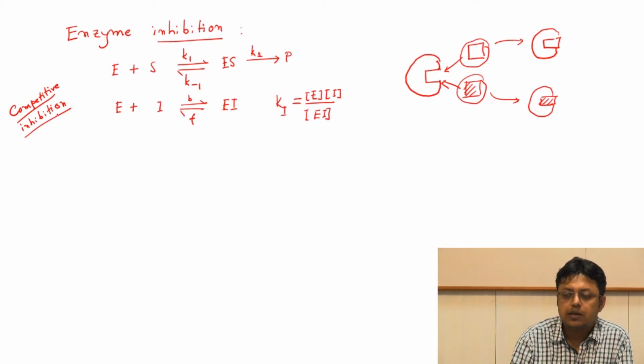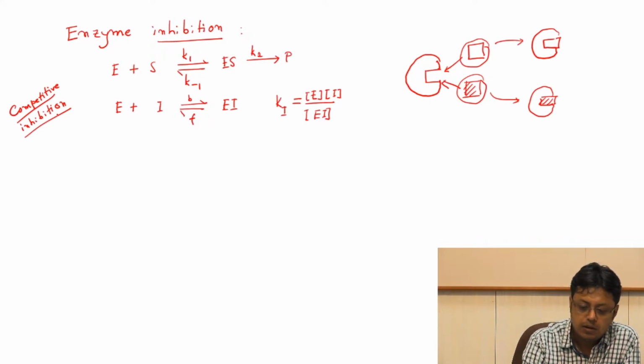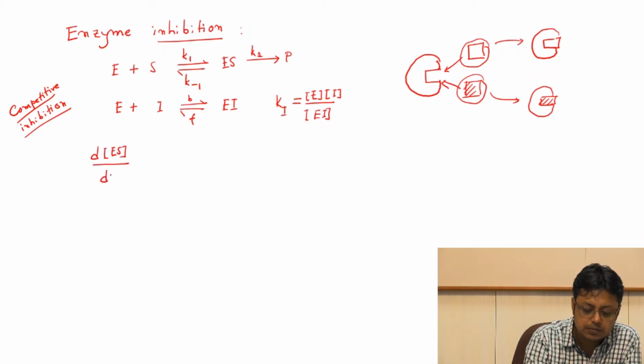Now let us try to understand what the rate law will be, or how the Michaelis-Menten equation, or the Lineweaver-Burk form of the Michaelis-Menten equation, will take the form for initial rate versus initial substrate concentration. Let us consider that, as before, we are going to use the steady state approximation for the enzyme substrate complex, and d[ES]/dt would be 0.